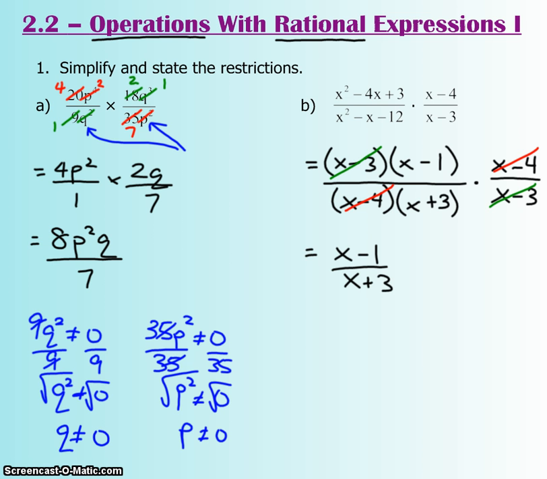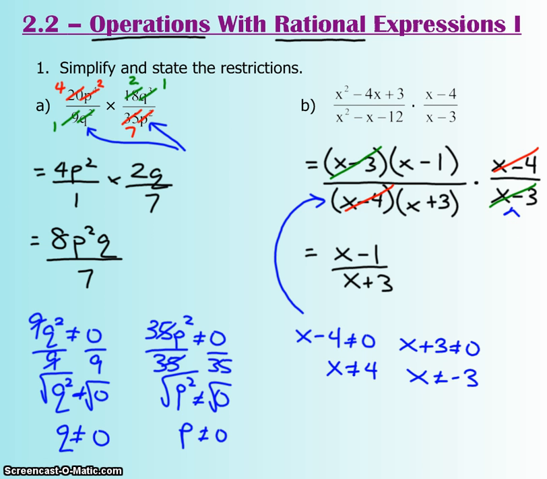When we start to list the restrictions, make sure that you do it before you start crossing things off. So we're going to do it from this step and not the step below. x minus 4 cannot equal 0. That means x can't be positive 4. x plus 3 can't equal 0, which means x can't equal negative 3.